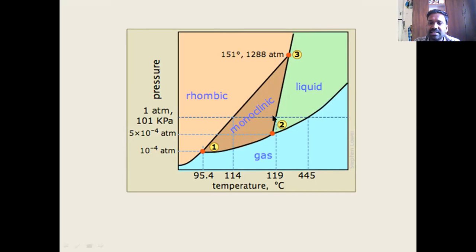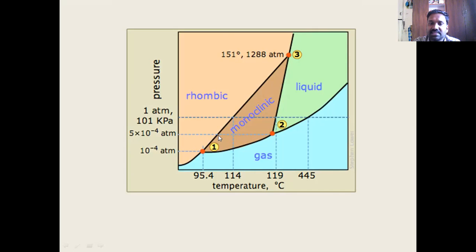After 114 degrees Celsius, it will change into monoclinic sulfur. And after 119 degrees Celsius, it will become liquid. And at 445 degrees Celsius, it will become vapor. Are you understanding? So it is straightforward. At 1 atmosphere, these are the different phases at different temperatures. You can construct a phase diagram like this by varying the pressure. Now at pressures lower than 1 atmosphere, what happens?